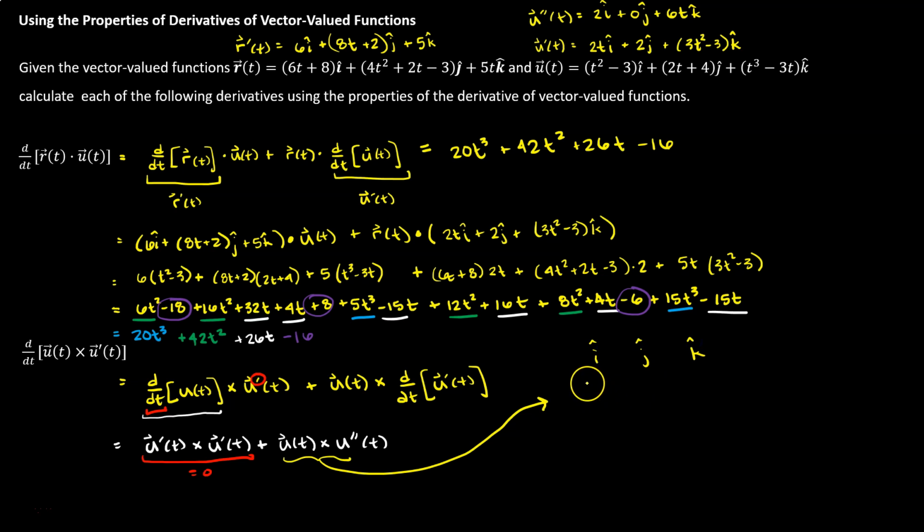Plugging in the vector u first. Then the vector u double prime. And then evaluating our determinant.